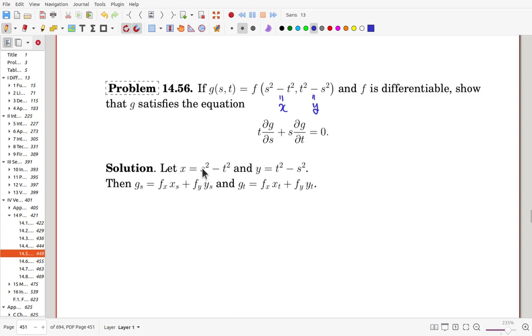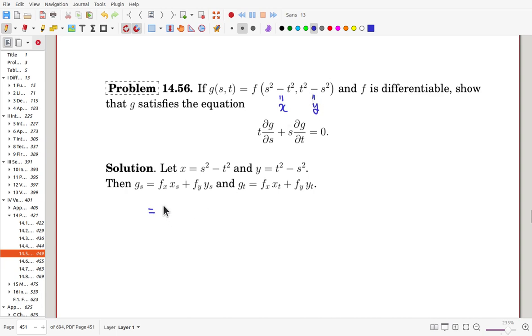So we'll try to get the derivatives. Here we have to get the s derivative and t derivative of z. We write down the formula. Now G sub s, the s derivative, is f sub x and x s derivative, and f sub y and y s derivative.